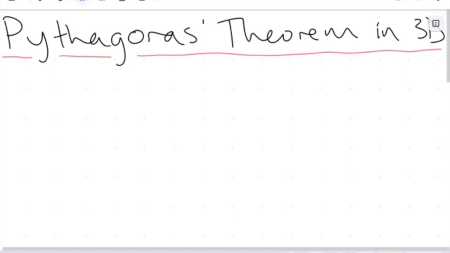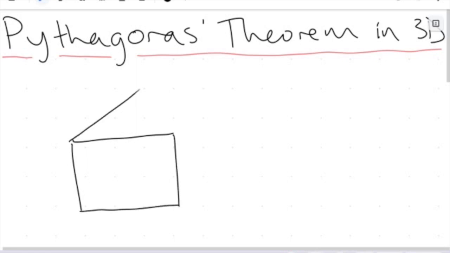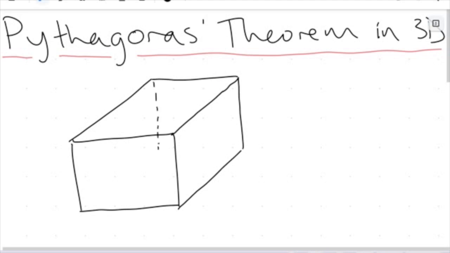So let's jump into just a couple of examples in which we try to locate right angles in these types of 3D shapes. Now I've drawn a rectangular prism here. I'm just going to draw these in to make it look nice in 3D.